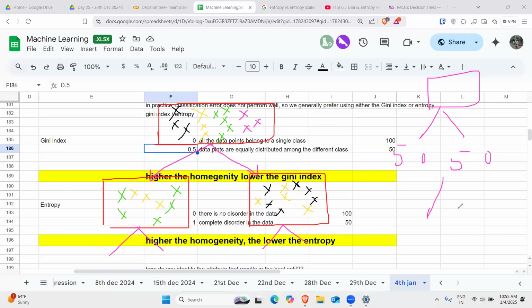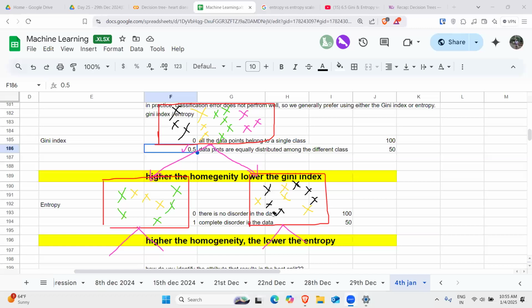Let's say if it is 60-40, then it will be less than 0.5, right? So it is always in the range of 0 to 0.5, because that's the formula. From the formula, you can calculate. You can take different examples and different scenarios, and you can calculate that.